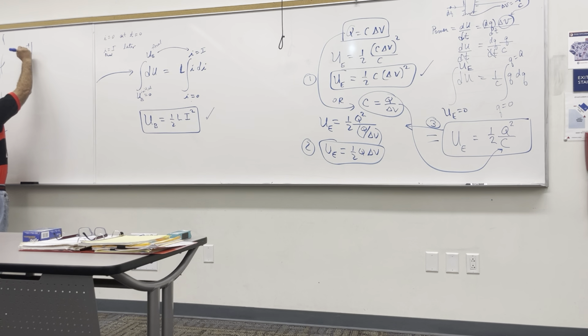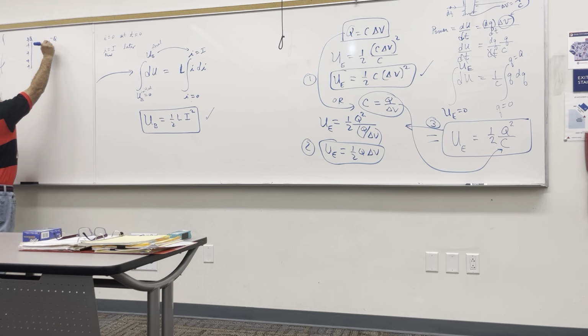What if you have a parallel plate capacitor? The separation between these two conductors is D. We have vacuum in here. There will be an electric field in there. The potential difference between them will be delta V, which is ED.